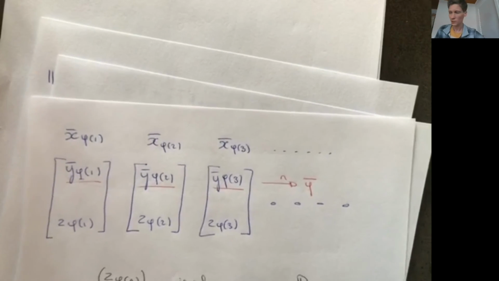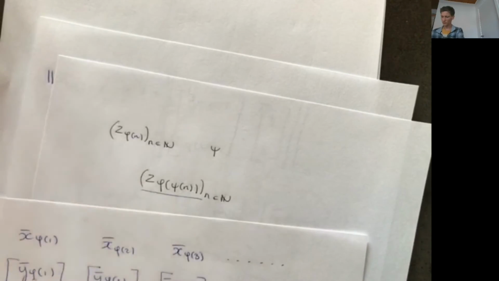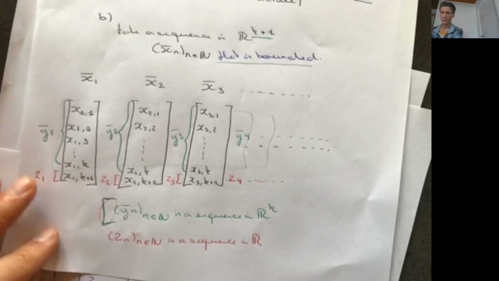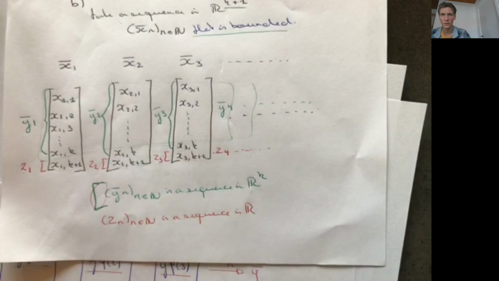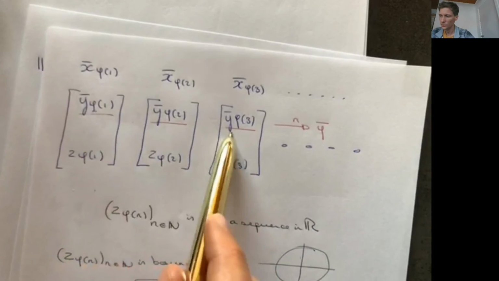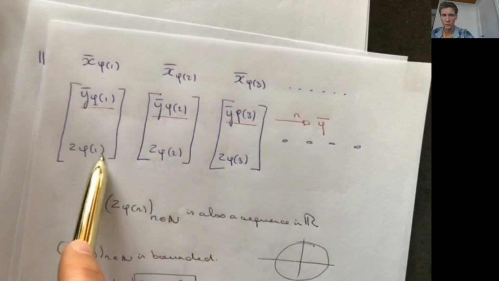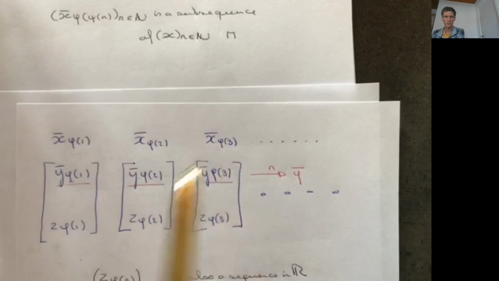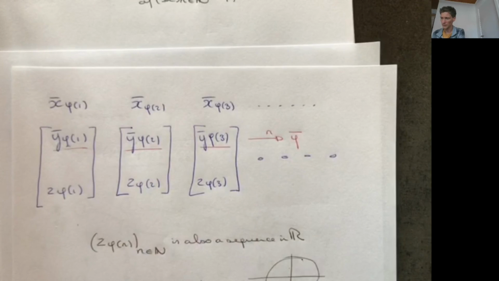Anyway, in the first step, we showed that this sequence of y's is bounded, right? Once we have shown that it's bounded, we can use the induction hypothesis Pk. So we have a bounded sequence in Rk, so it has a convergent subsequence. And then we restricted the entire sequence to this particular subsequence, so for every element in the subsequence, we took the associated number z and therefore the associated sequence of x's.